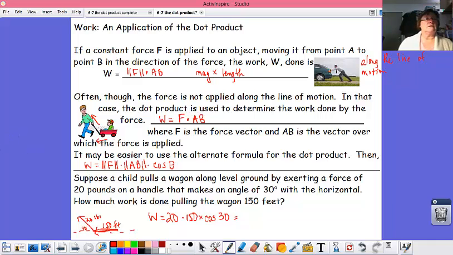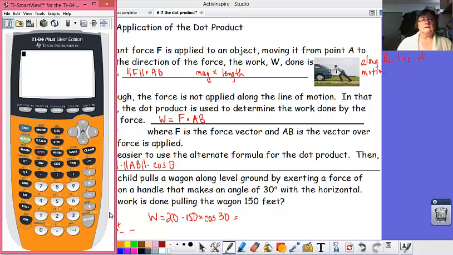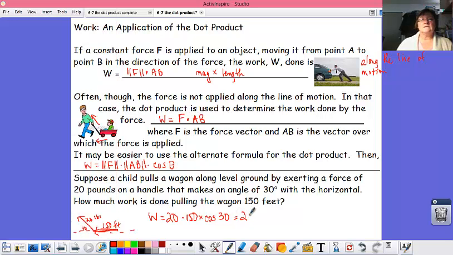Let's get my calculator out here for a second, and we want 20 times 150 times the cosine of 30. The amount of work that's being done is 2,598.1 it was about, and these would be foot-pounds. That's the label that goes with it.